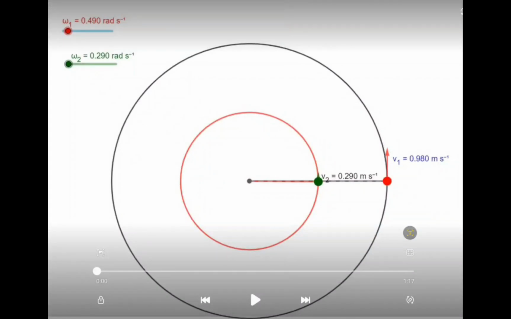Now in this model we have two particles. The green one and the red one are rotating on a disc with different positions. One of the particles, the red one, is on the rim, and the other one is a distance r from the center of the disc. If we provide different angular positions for these two particles, let's see what's going to happen.